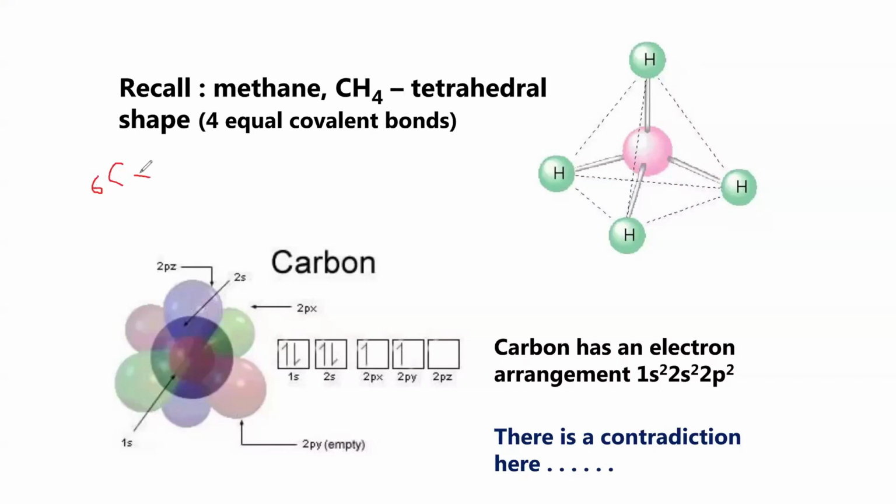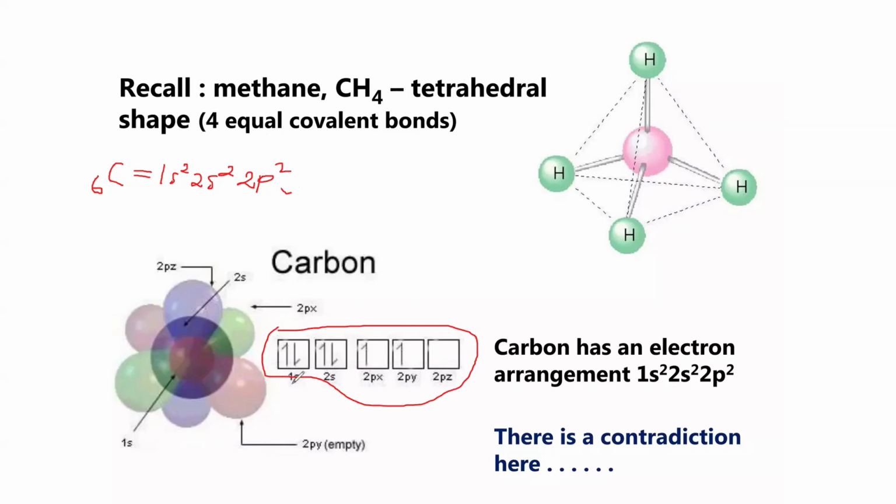If we are to write the electronic configuration of carbon here, we have 1s2, then 2s2, then 2p2. This electronic configuration is the same thing as this one. This is the box configuration of this.